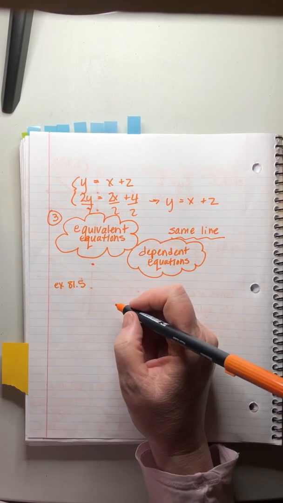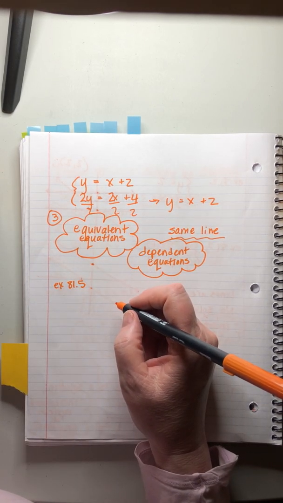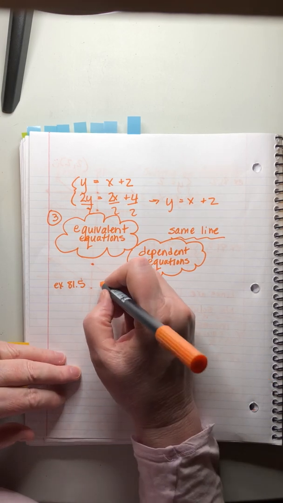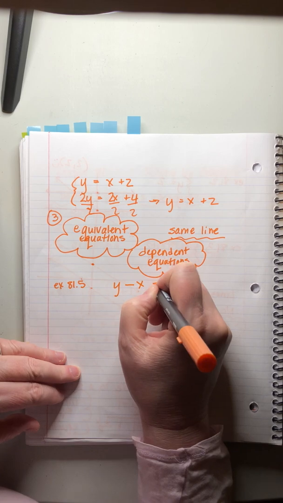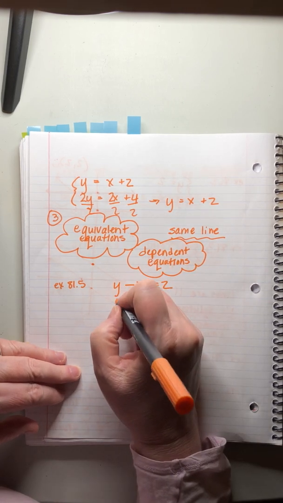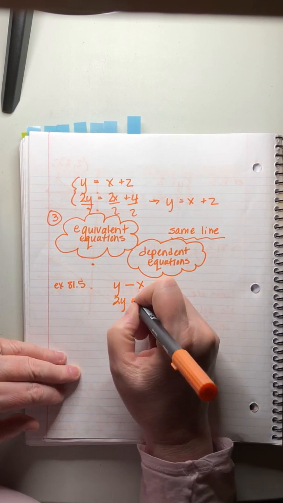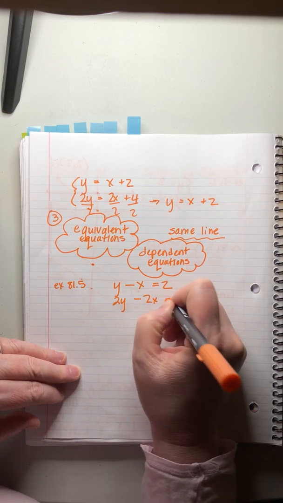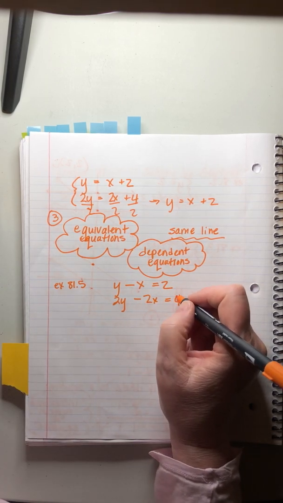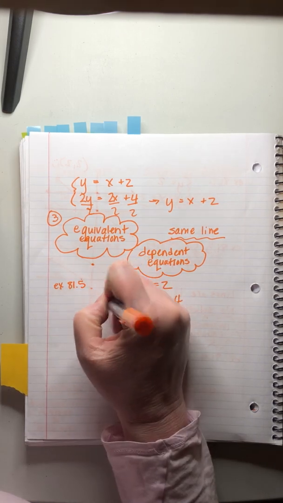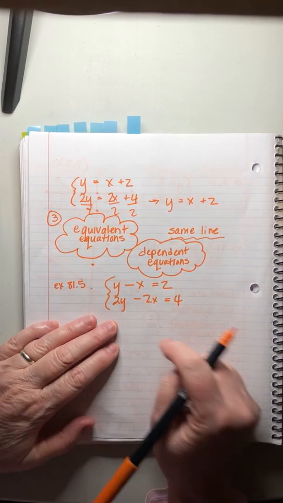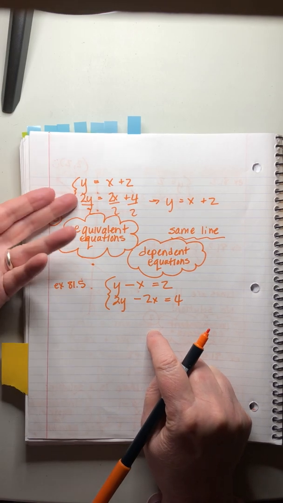Okay, so the last example is determine whether the following set of equations is dependent. y minus x equals 2. It's pretty much the same equation as before, pretending that we didn't already know. I mean, it's really just the same as this.